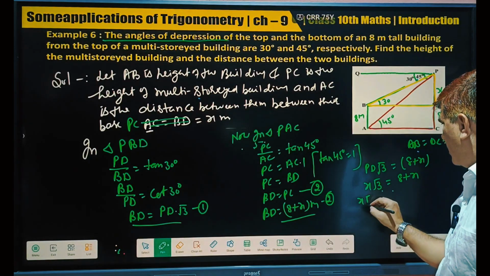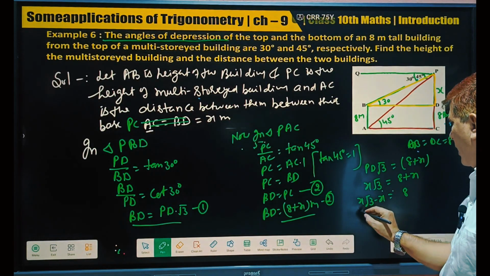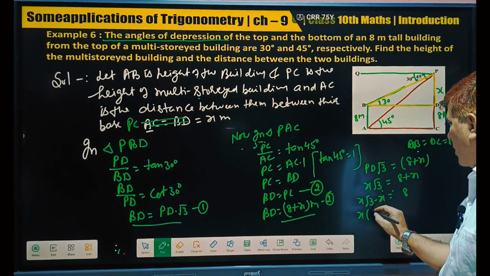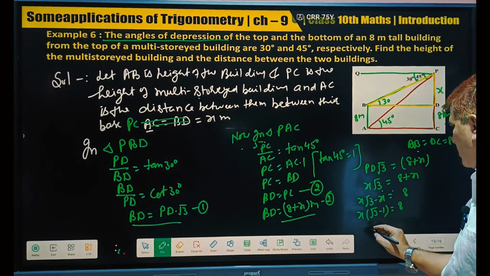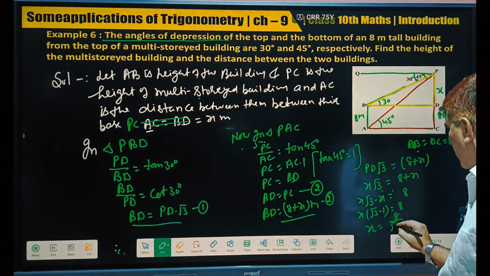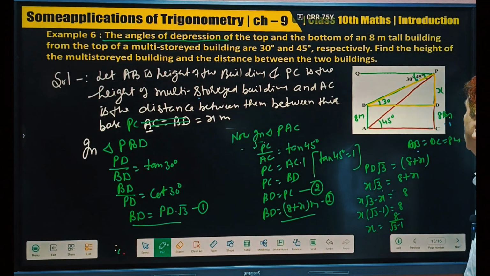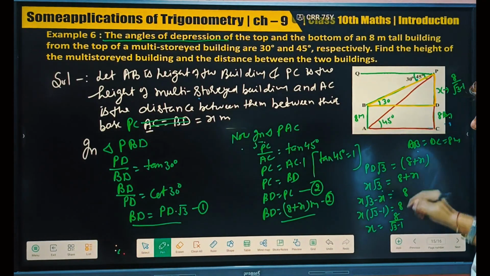So X under root 3 minus X is equal to 8. X taken common, so what's coming? X into under root 3 minus 1 equal to 8. So X is equal to 8 by under root 3 minus 1.